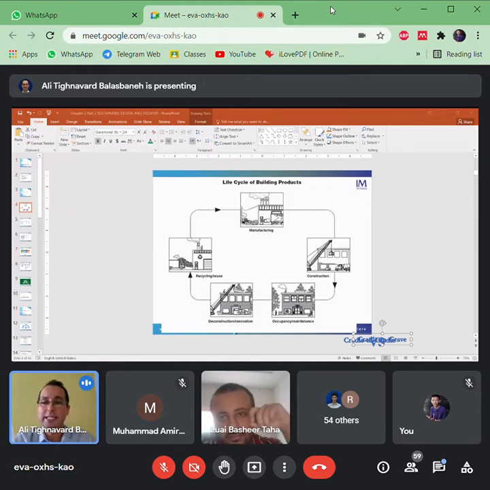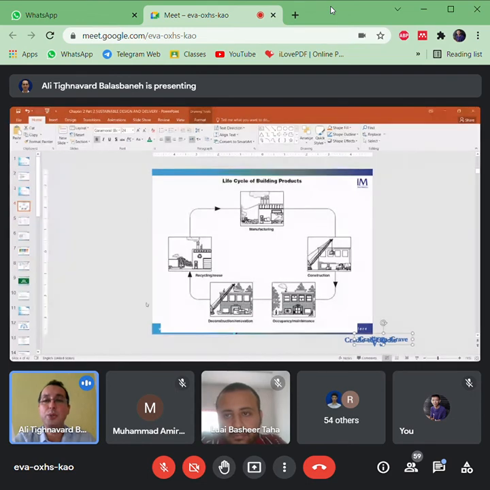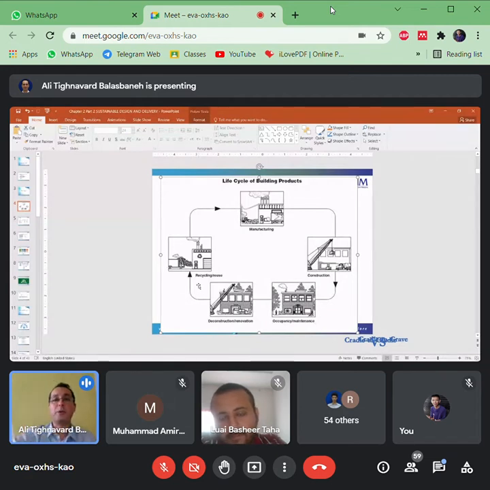Thank you. That's correct. When we talk about the benefit and loads, we are referring to this stage after demolition. We demolish the building, now we have so much material: wood, aluminum, steel, concrete.